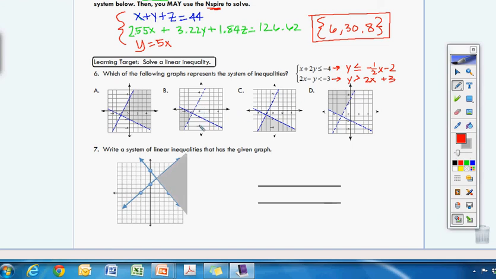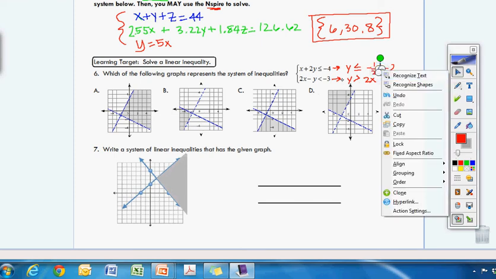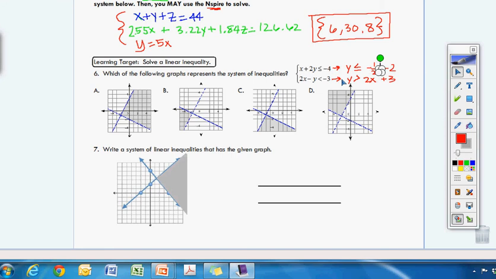So now I've got to really just focus on the shading here. Okay, I'm down at negative 2, and my slope is negative. So we're taking a look at this line here.